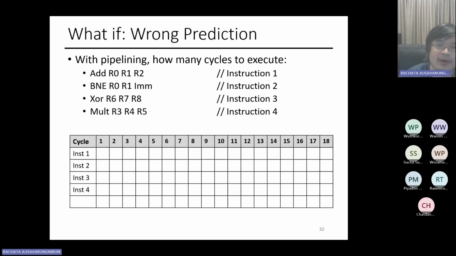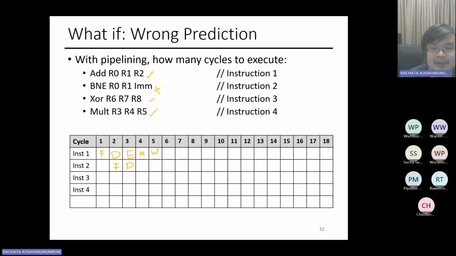Now, what if you have a wrong prediction? Let's say you guess this correctly, but you always say, hey, the next instruction is not going to be a branch. So you're going to guess correctly here, here, here. And then for this guy, it's like, oh, I'm wrong, right? This guy you fetch, because you guess that I have to run instruction 2.